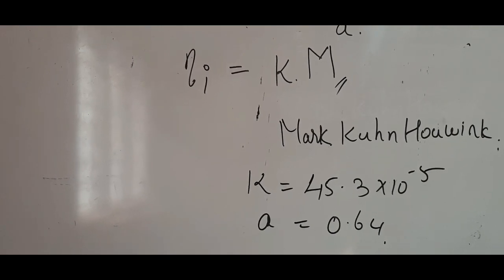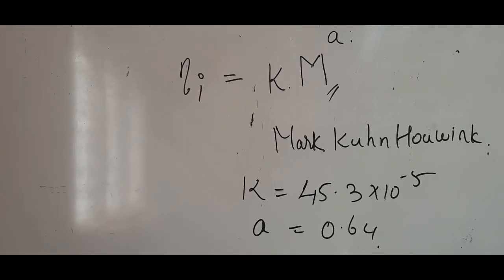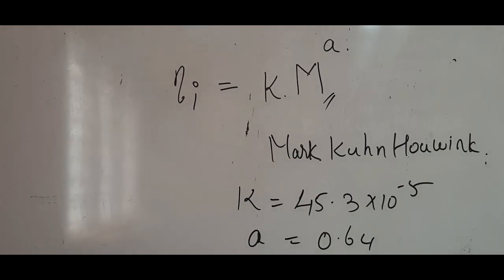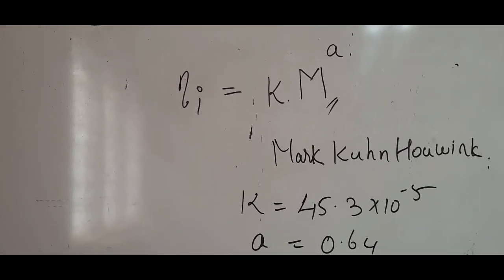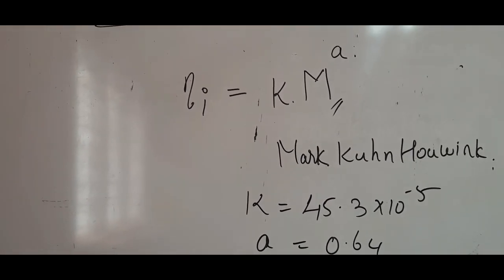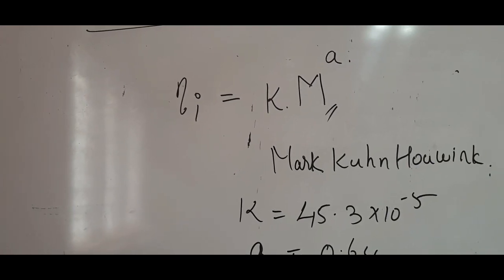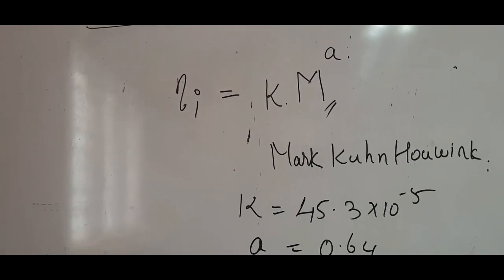So by the Mark-Houwink equation, η_i = K M^a, we can find out the molecular weight of a polymer, because all other values are known. The η_i value is obtained from the graph, K and a values are constants, and M can be found.